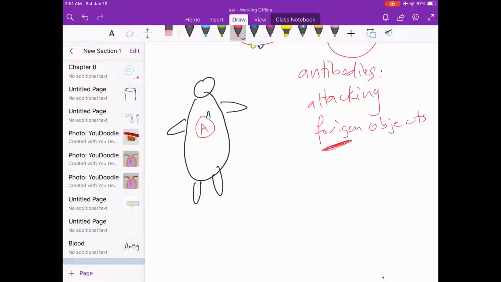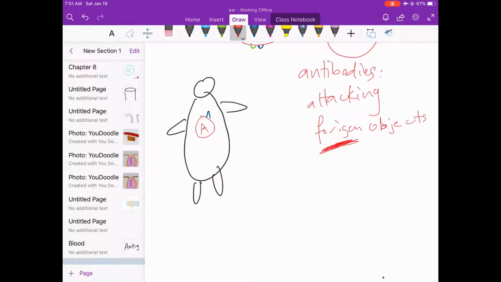Now, I don't like to use the word foreign because of the current political atmosphere in the US, but this is the word we are stuck with. Okay, antibodies, as we said, back to the topic, back to science.